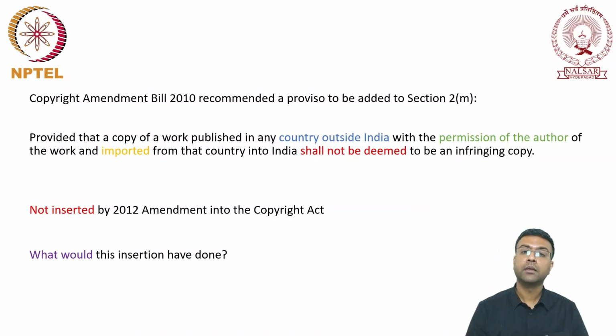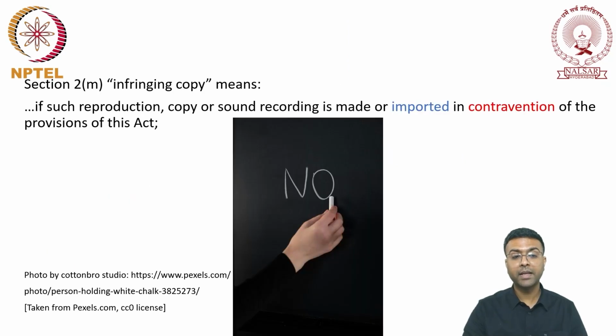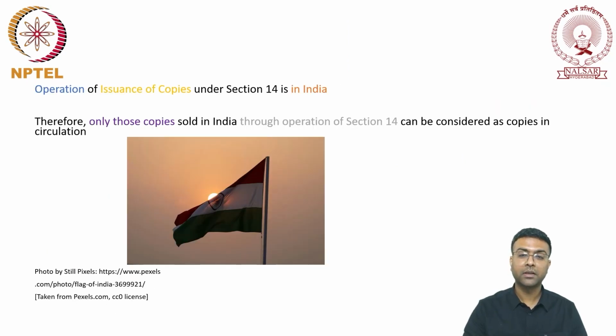But the only safeguard that such a proviso would have offered is that it would have made these copies non-infringing. It would not have allowed for an exception against issuance of copies.